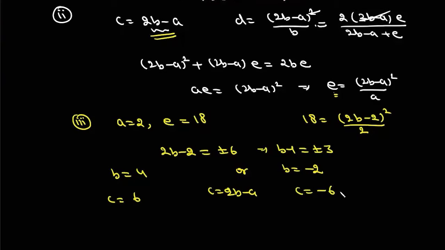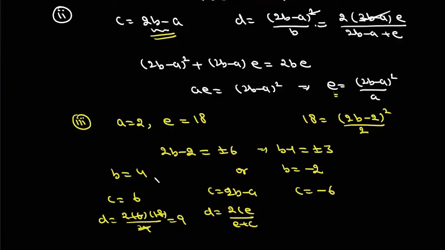And now we have to find the value of d. And we know that d is twice ce upon e plus c. So here, this d will be 2 into 6 into 18 upon 24. So this is 2. So value of d is 9.